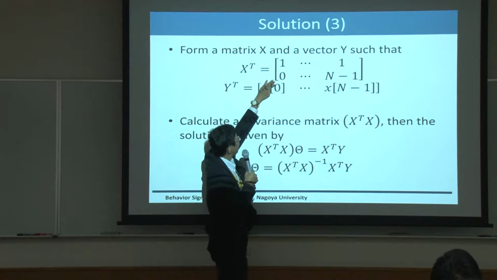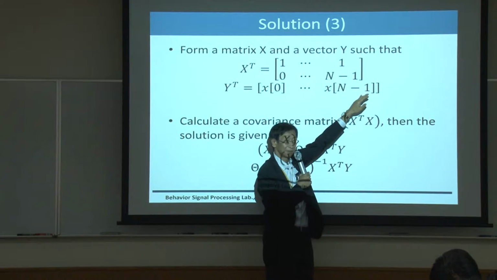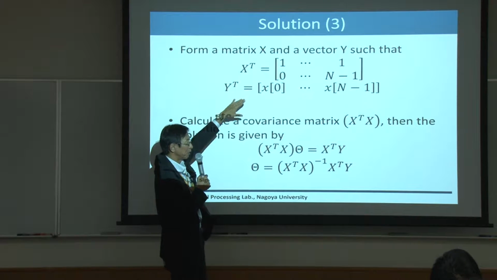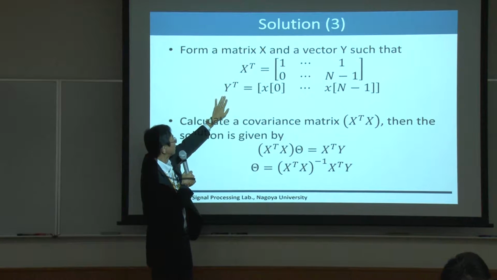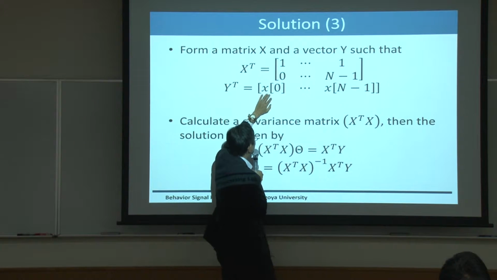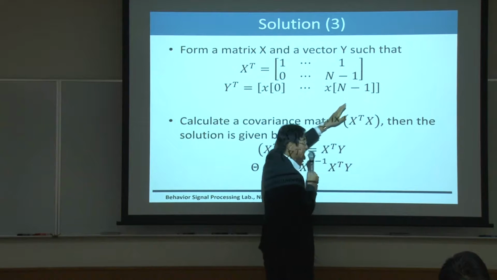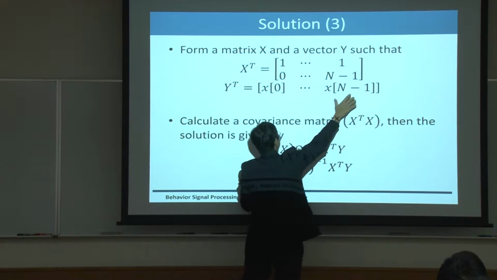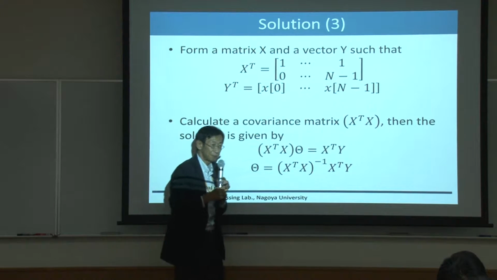And the second line has the ordered numbers from 0 to n minus 1. That is all we need to prepare for the matrix X. On the other hand, vector Y is the signal itself, x0, x1, and so on up to x n minus 1. Okay.